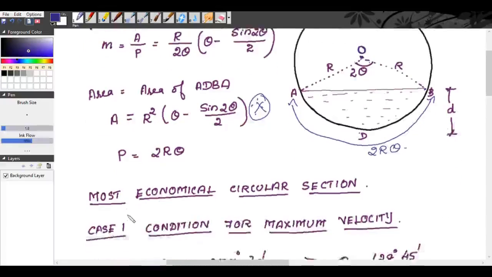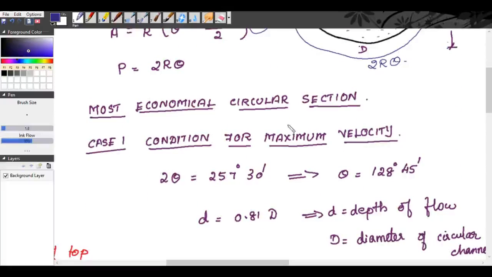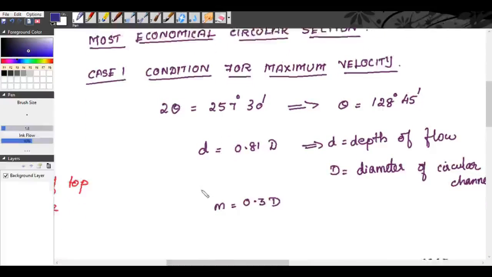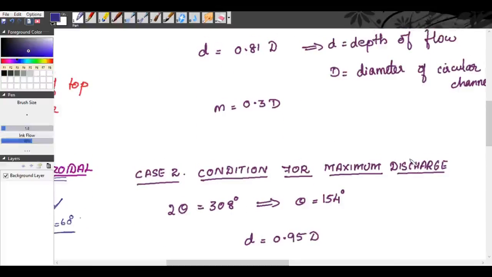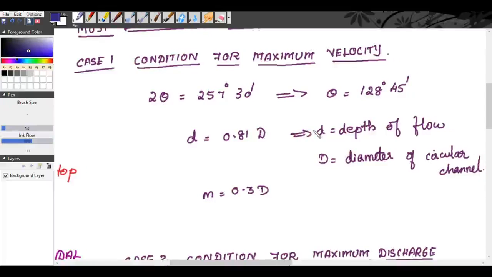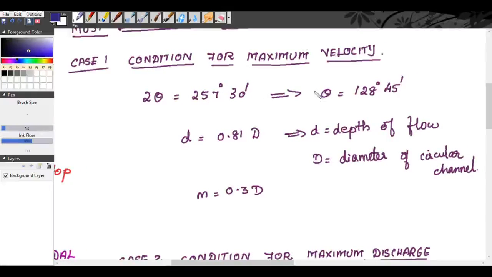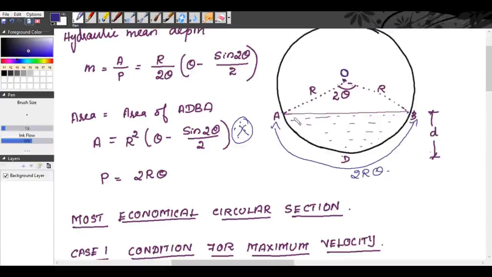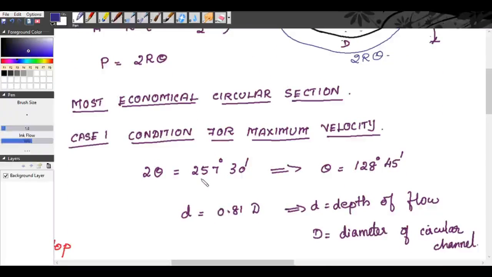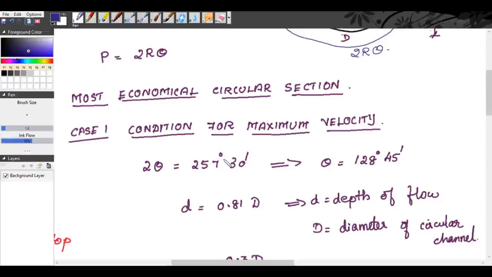Now, for the most economical circular cross sections, you have two cases. First case is the condition for maximum velocity and the second case is the condition for maximum discharge. So, for the condition for maximum velocity, 2 theta, which is the angle subtended from A and B towards the center, is equal to 257 degree 30 minutes.